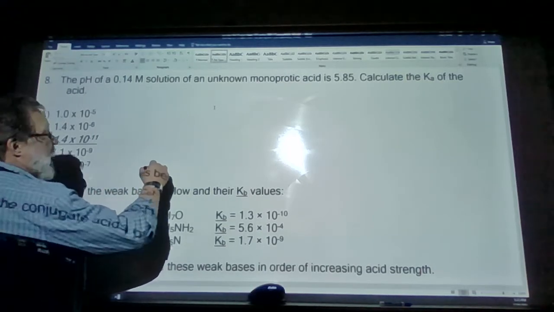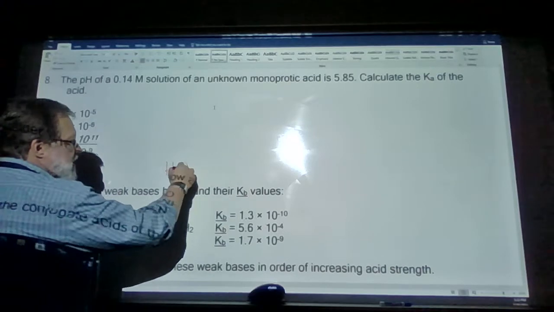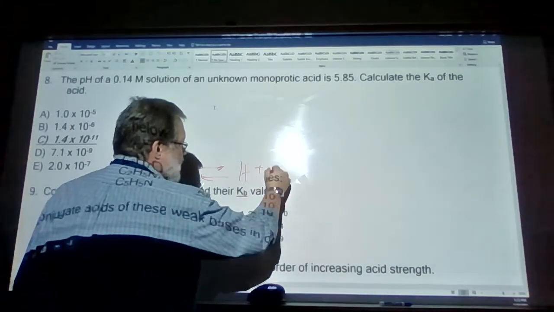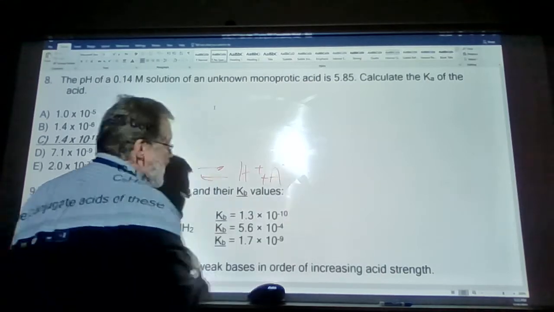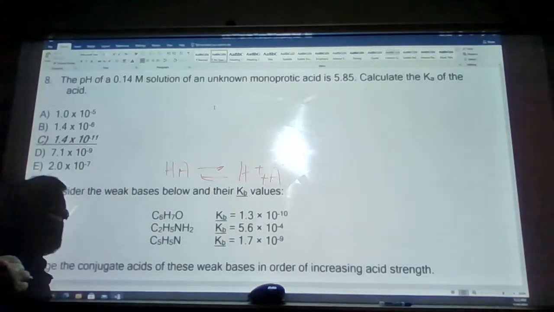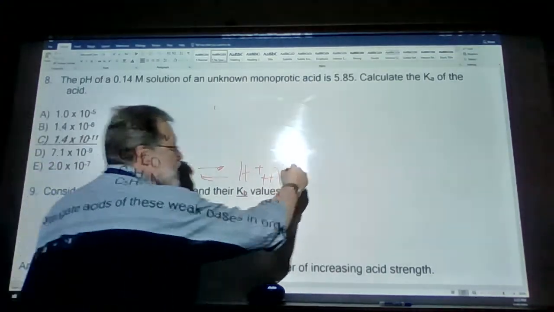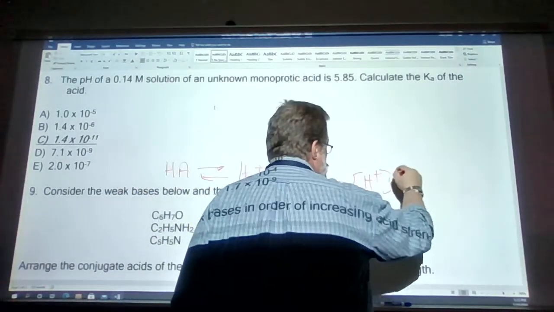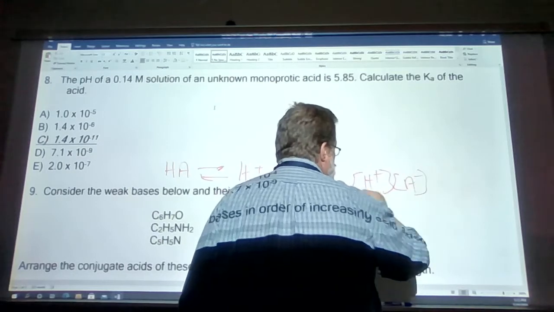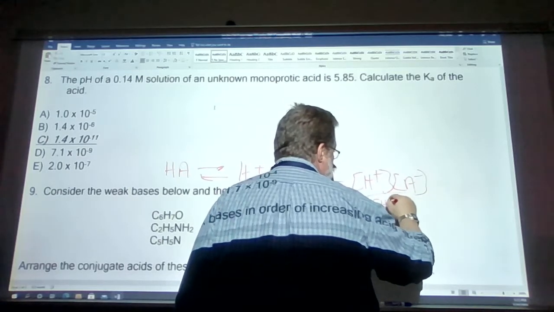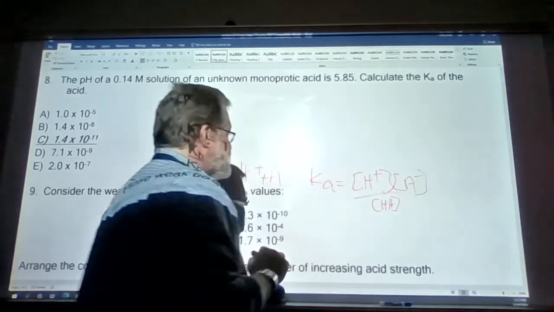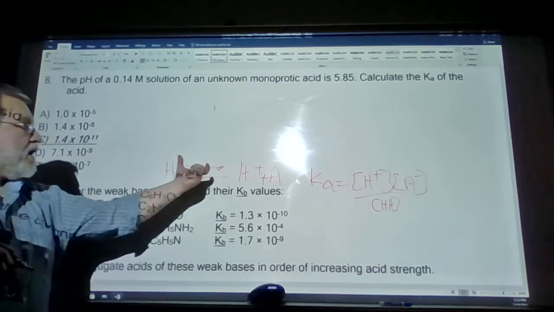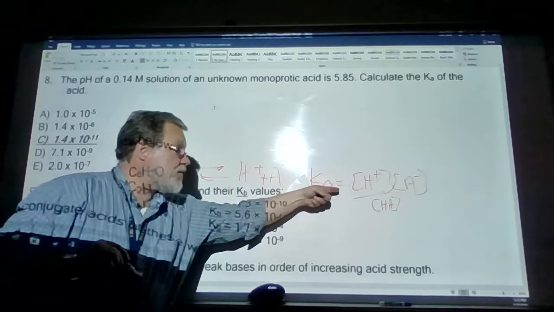We have an unknown monoprotic acid, HA. It is in equilibrium with H plus and A minus. The Ka for this expression is H plus times A minus divided by the concentration of HA.